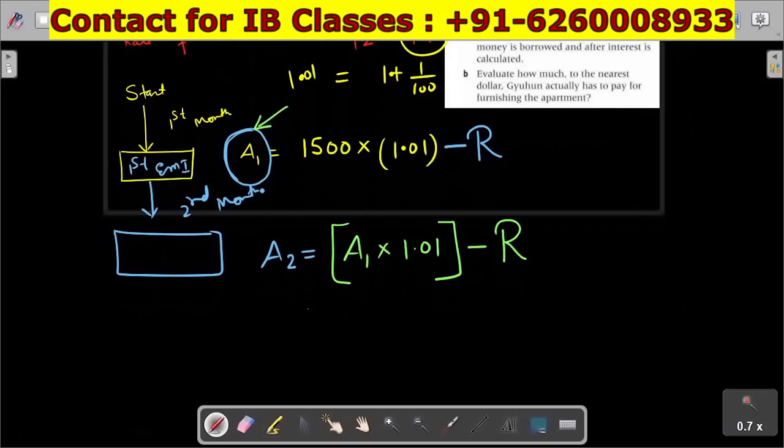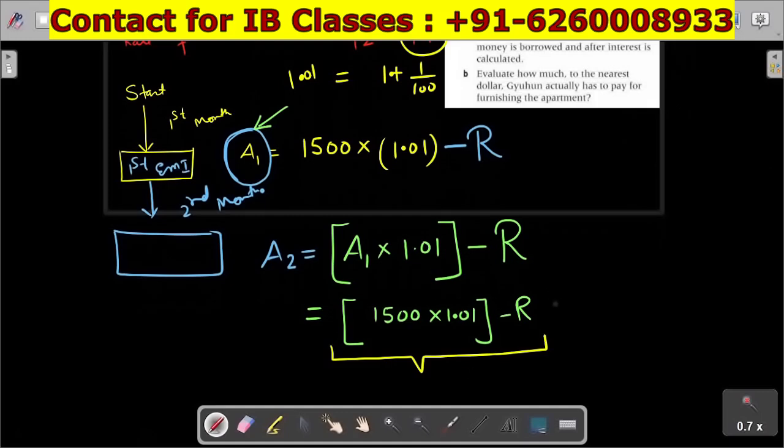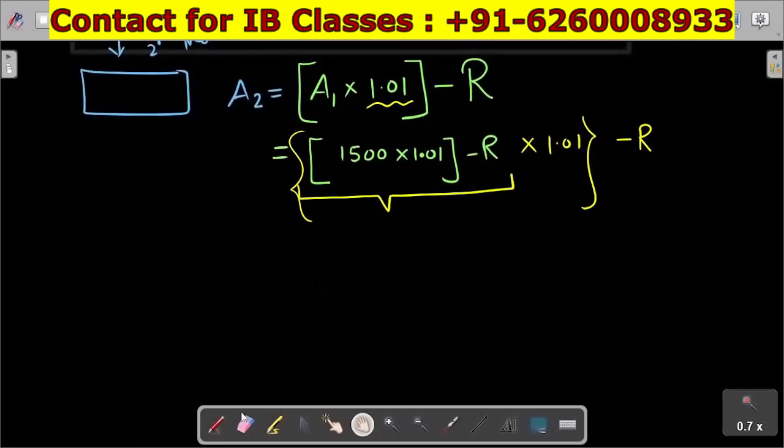Let us expand this. It will be 1500 into 1.01, this minus R. This is my total A1. This is the complete expression for A1, right? Into 1.01, again minus R. So let us simplify it a little bit.